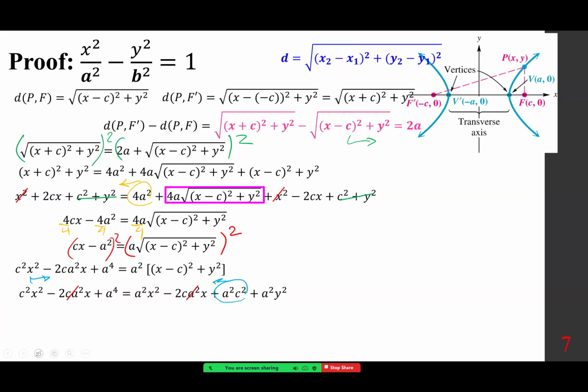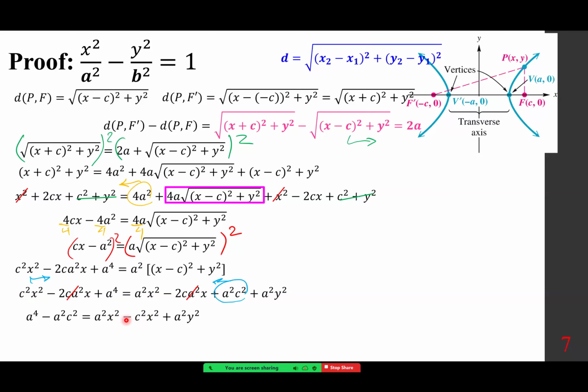So notice what's going to happen. The left side is a to the power of 4 minus a squared c squared. And the right side, basically, these two remain, and this takes a negative sign. Why do we do that? On the left side, we can factor out the a squared.